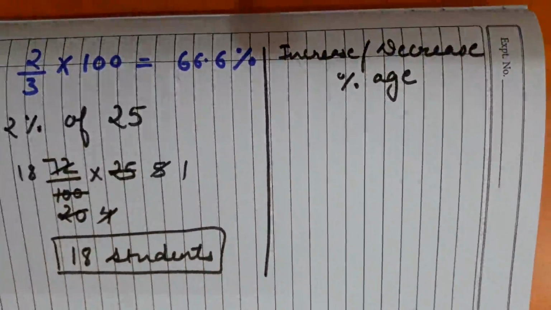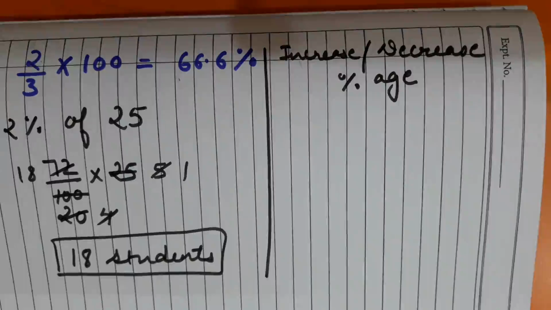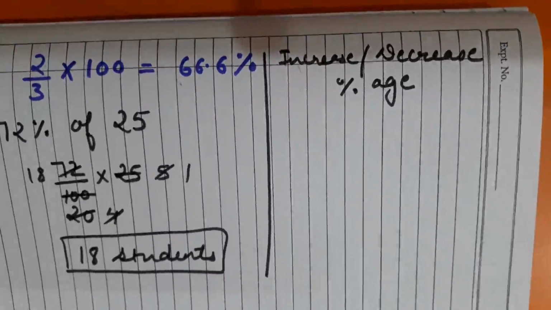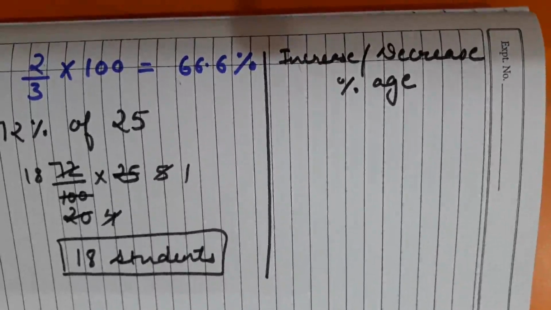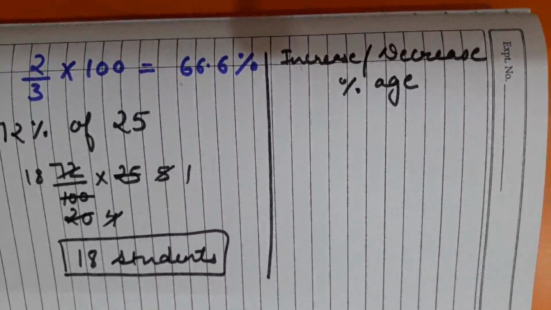Now what we need to find out is the increase and the decrement percentage. Children, let's discuss one example. After that, surely you will understand the meaning of increment and decrement percentage.